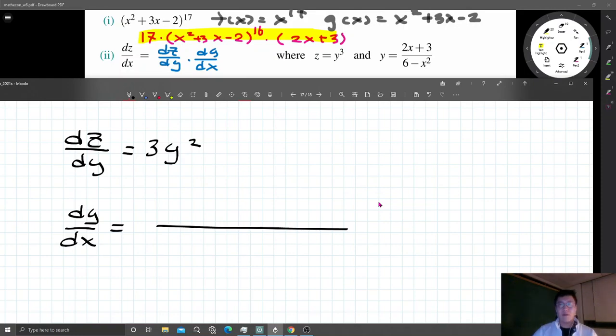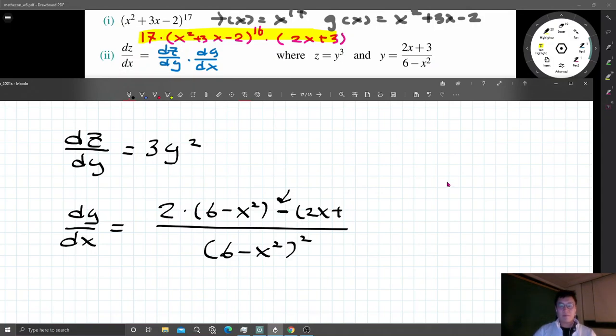First the denominator becomes 6 minus x squared, squared. And then the derivative of the top, 2, multiplied by the bottom. And minus, remember this minus sign for the quotient rule, and we interchange the order: 2x plus 3 multiplied by the derivative of the bottom, so negative x.